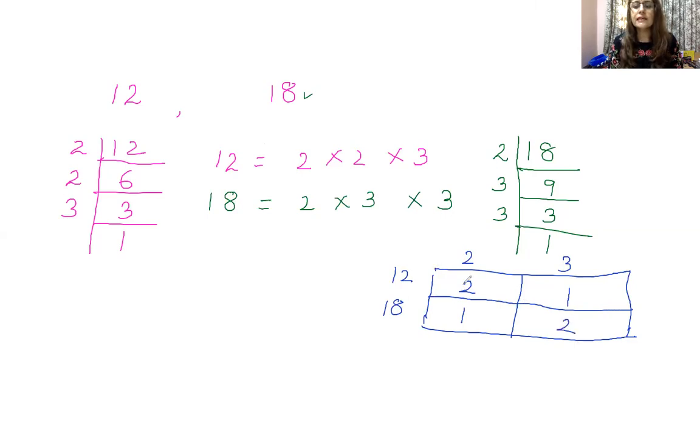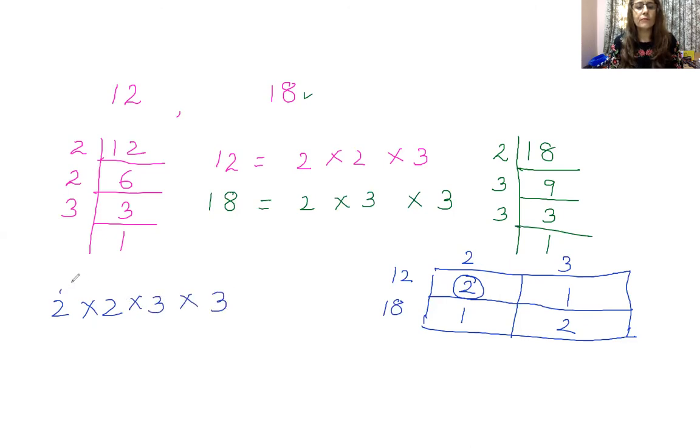So 2 is repeated a maximum of 2 times, so we will write 2 into 2. The maximum number of times 3 is repeated is also 2 times, so we will write 3 2 times.